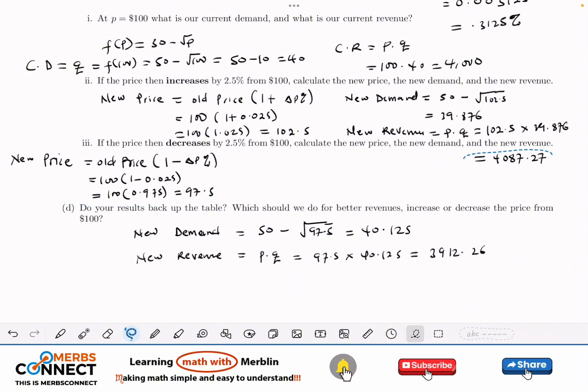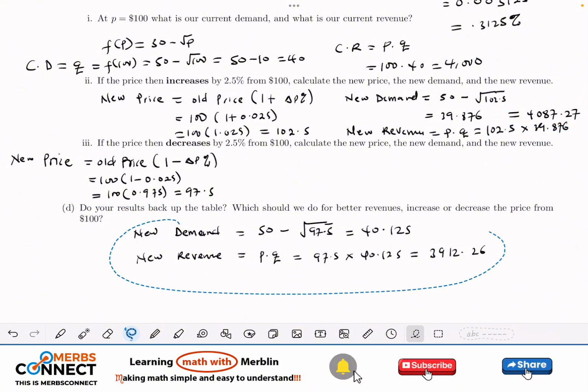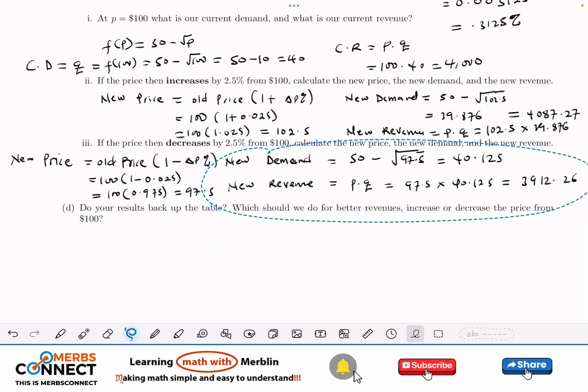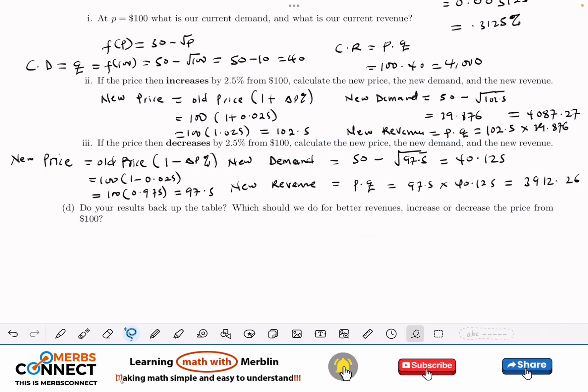So let me just fix this one up here small so that I can talk about D. Do your results back up the table, which is: should we do for better revenues, increase or decrease the price from 100?